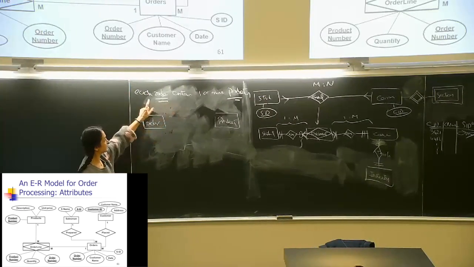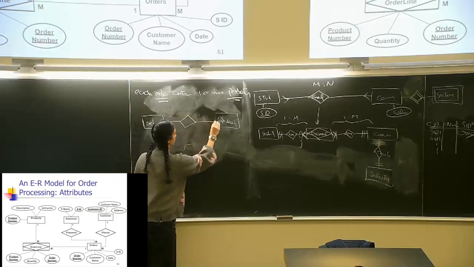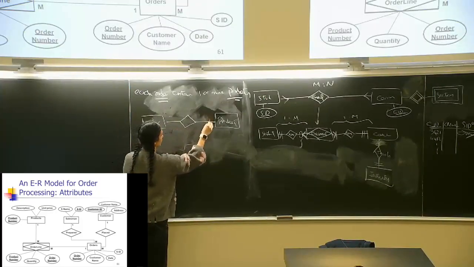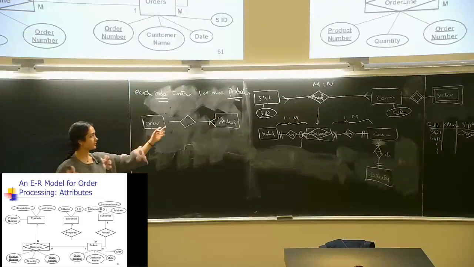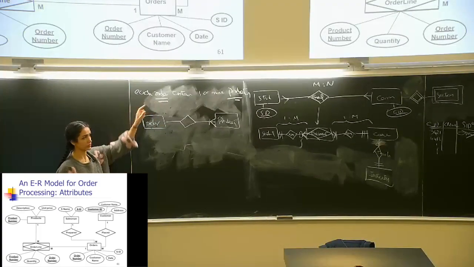So if your rule is each order contains one or more products, I can draw this. But what about the other part? You have to complete your rules.